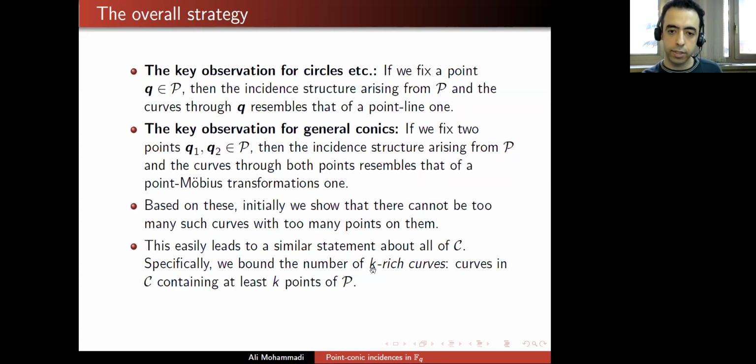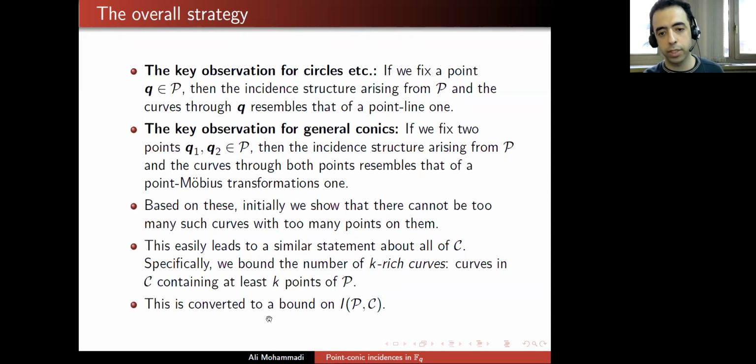And specifically, you get a bound on the number of K-rich curves, which are curves in C containing at least K points of P. Ultimately, this information can easily, through a simple counting argument, be turned into an incidence result. So this really is the whole thing, but now we'll slowly go through the details.